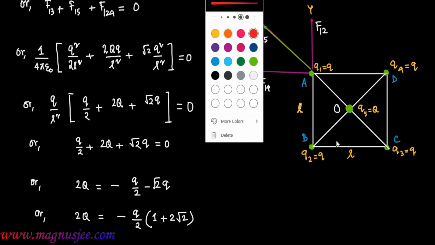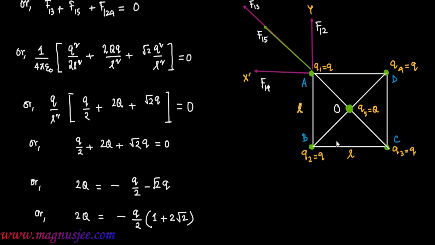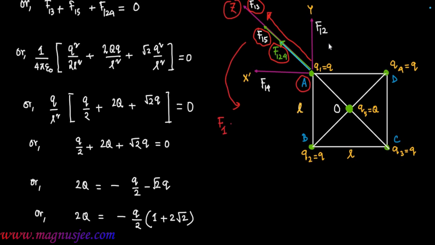Now in the diagram we can denote the direction of the force F124. This is the direction along which F124, the resultant of F12 and F14, acts. F13, F15 and F124, all the three forces, are acting along the direction AZ. That's why the resultant of these three forces is F1, equal to F13 plus F15 plus F124.